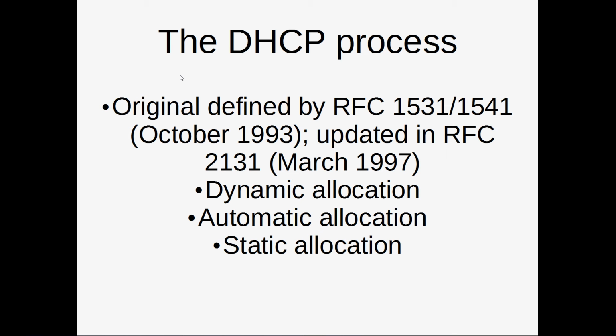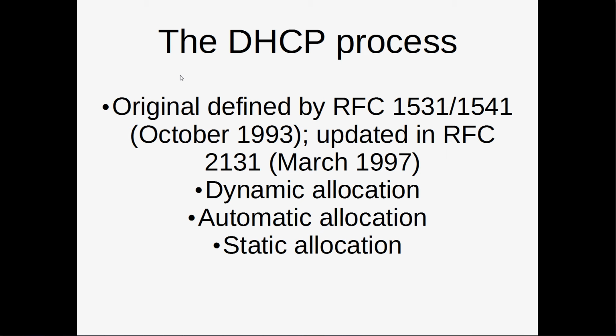There's automatic allocation, which covers the scenario whereby a node that had previously been assigned an IP address may leave the network and then return to the network, and the DHCP server recognizes the MAC address and says, well, this node already has an IP address whose lease didn't expire, so the server just gives back the IP address that had previously been allocated, rather than allocating it a new IP address.